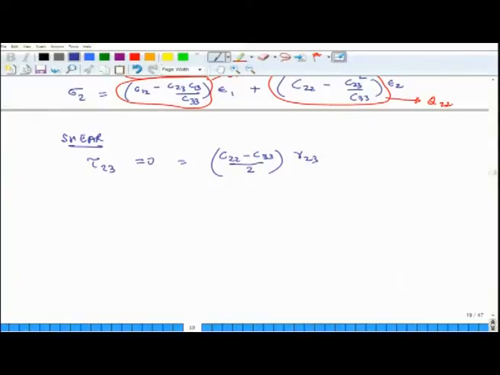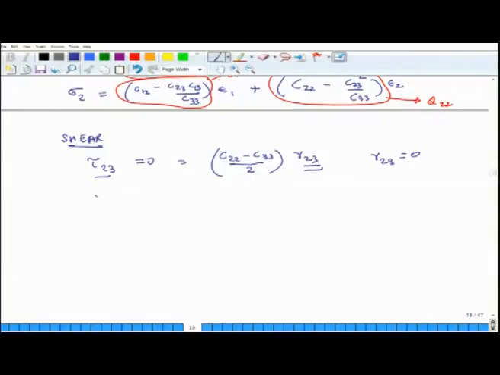Okay. Now, what this means is, if this left side is 0, then there should not be any shear strain. So, gamma 23 is 0, not that C22 minus C33 by 2 is 0, that can be anything. But if I am not applying shear strain in the 2-3 plane, then it will not generate any shear strain. So, gamma 23 is 0.